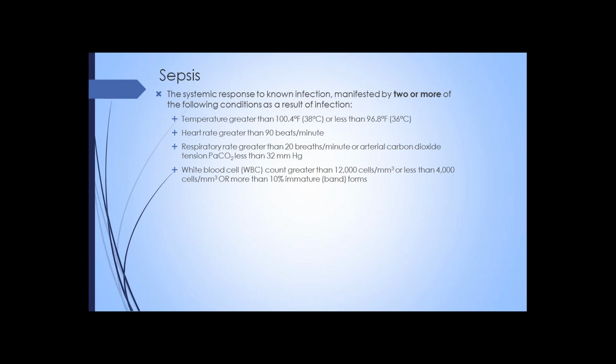Now, the slide that you see now says that you have to see manifested 2 or more of the conditions that follow from the result of the infection to say that it's sepsis, right? So a temperature greater than 100.4 or less than 96.8.